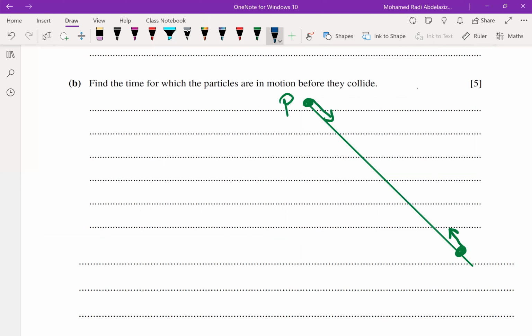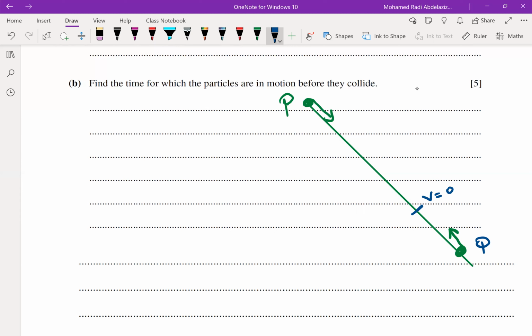To get the time when Q and P collide, you have to know first whether they collide when particle Q moves up to the maximum height and changes direction of motion, or in the same direction. To know that, first try to get the maximum height, when v is equal to 0.